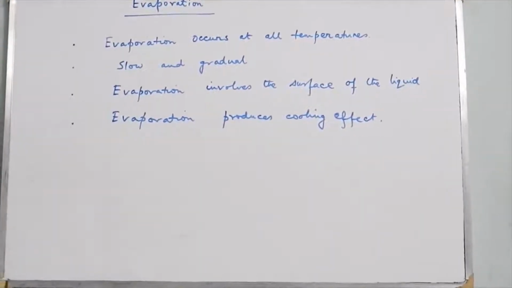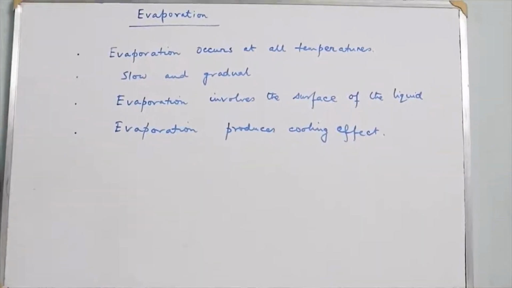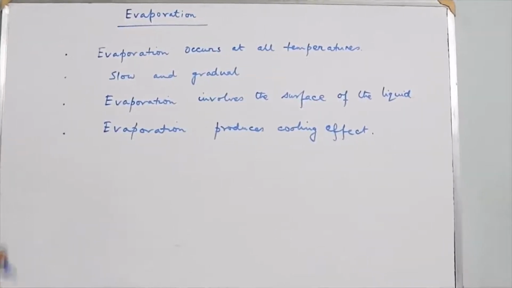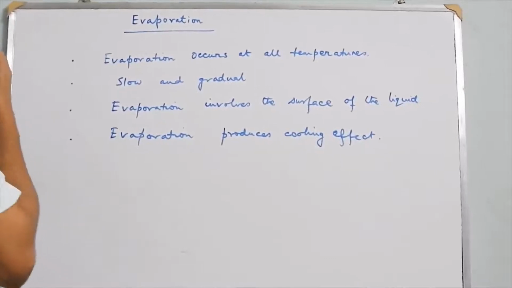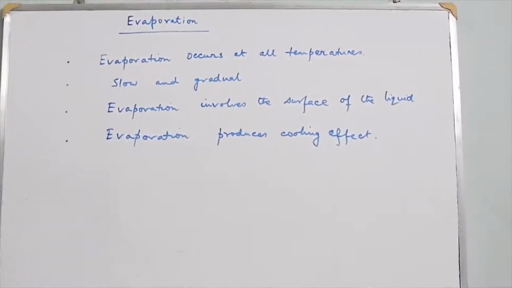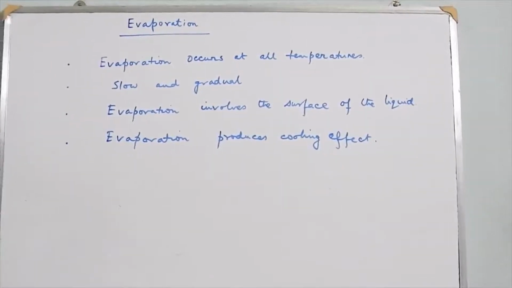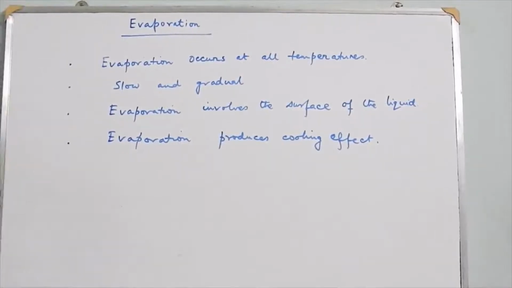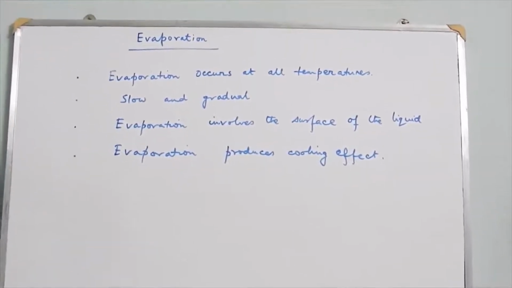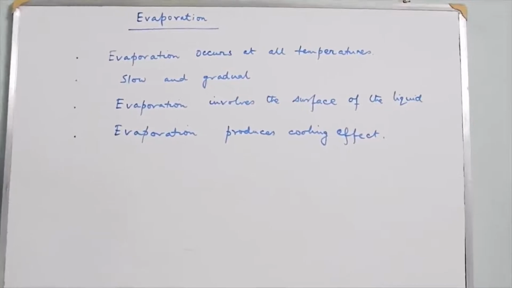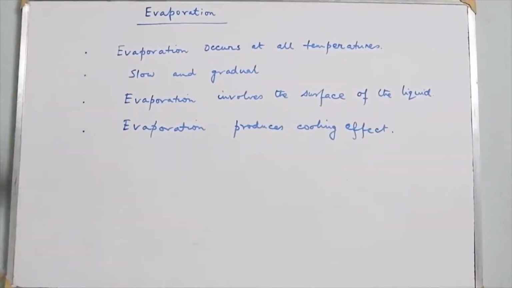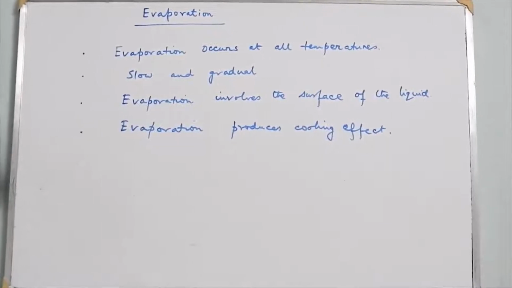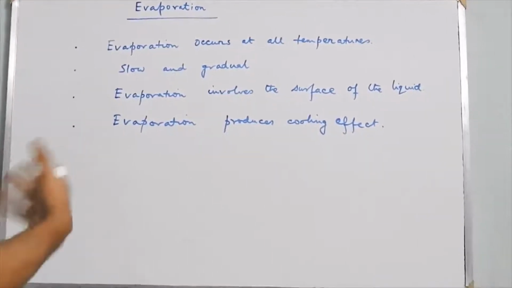Similarly, if we blow some air over a hot liquid, say for example tea or coffee in a cup, that will increase the process of evaporation and thereby it will start to cool. So there are various examples in our daily life where evaporation provides a benefit.